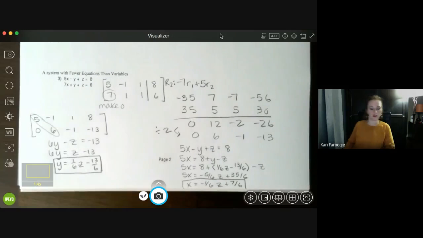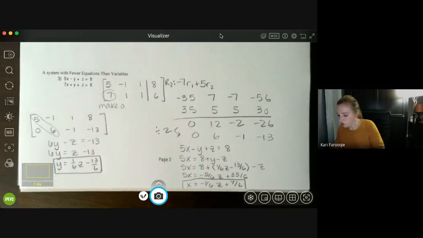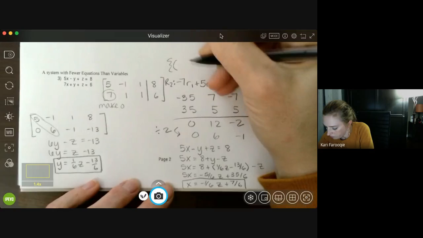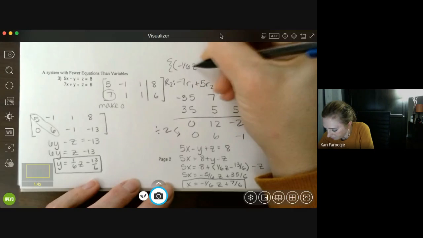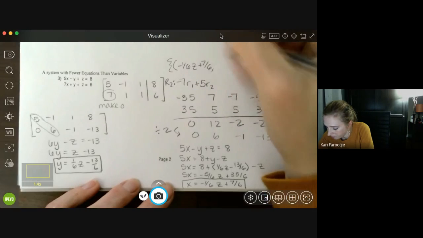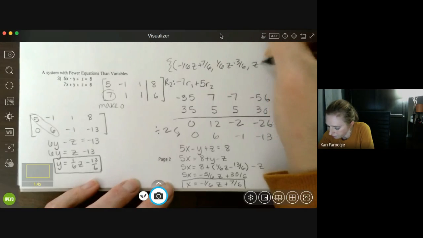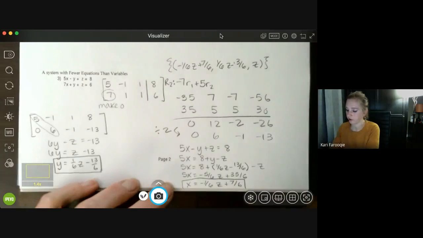Sorry, clearly we needed more space there. And these are all going to be dependent on one another. So when you write your solution, this will be the ordered triple. X, Y, Z. Looks like that.